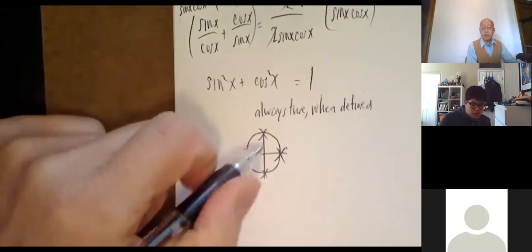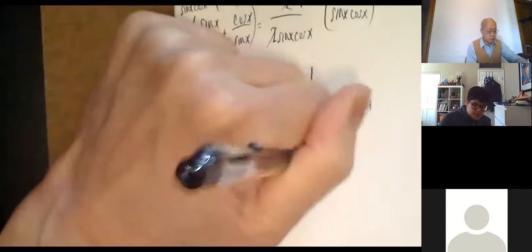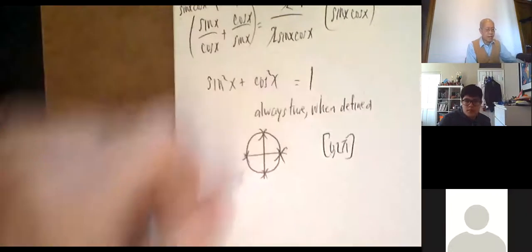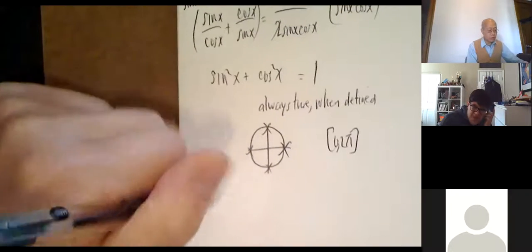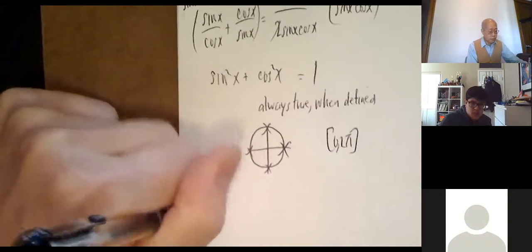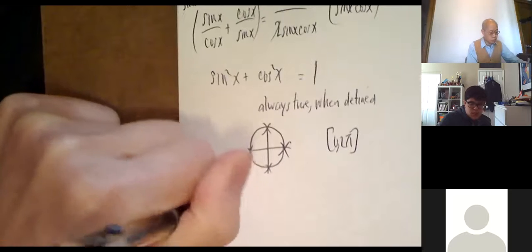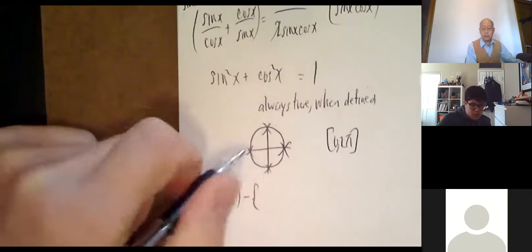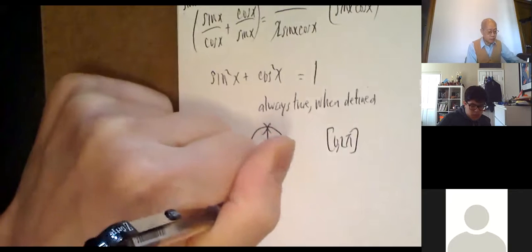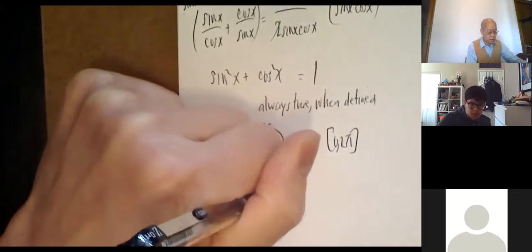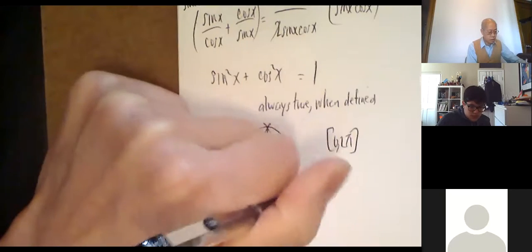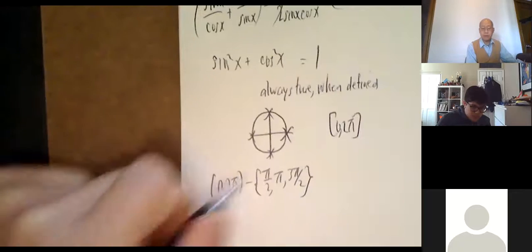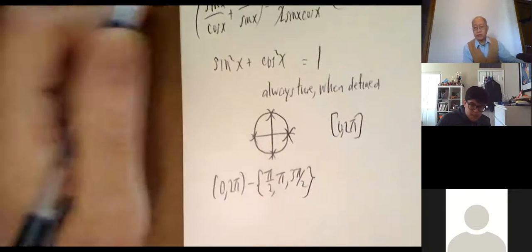My solutions are basically everything between 0 and 2 pi, except for these things. One way you can do it is the open interval from 0 to 2 pi, and then throw out all of these. So minus pi over 2, pi, 3 pi over 2. Or you can write it in terms of a bunch of intervals.